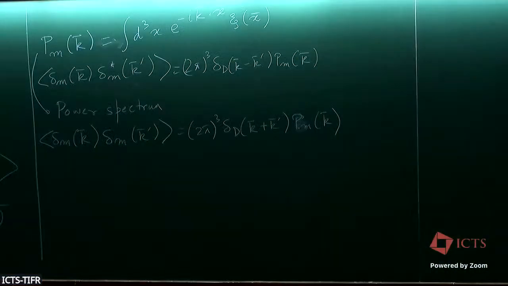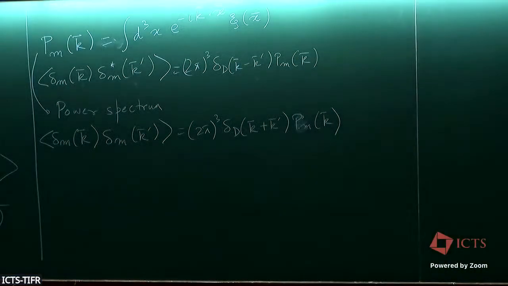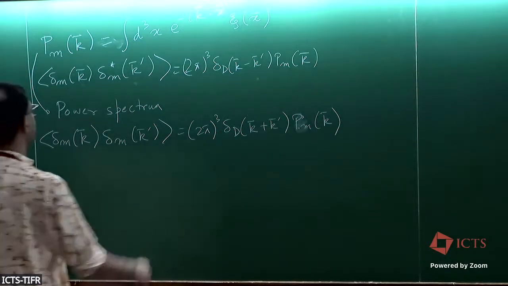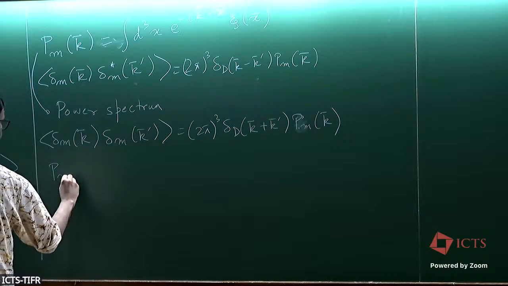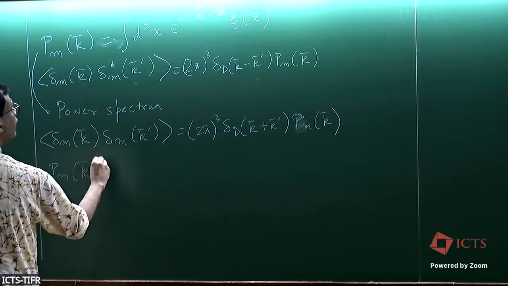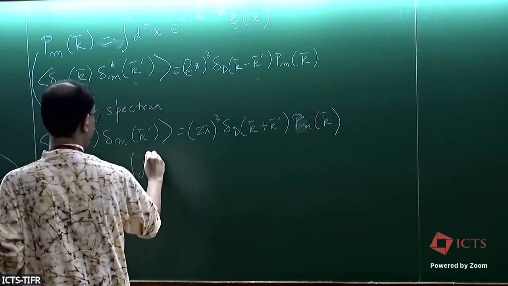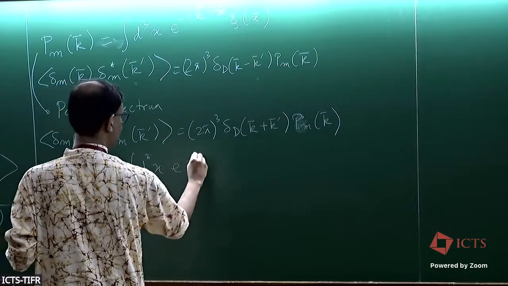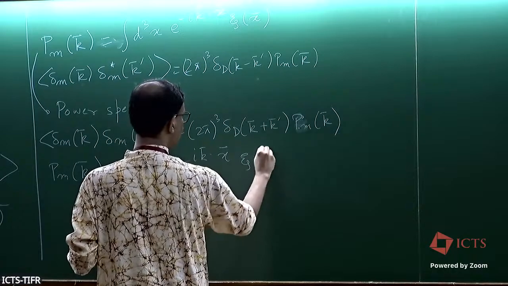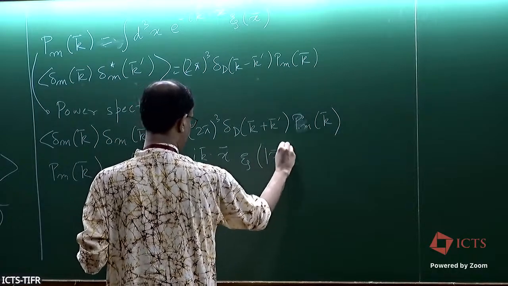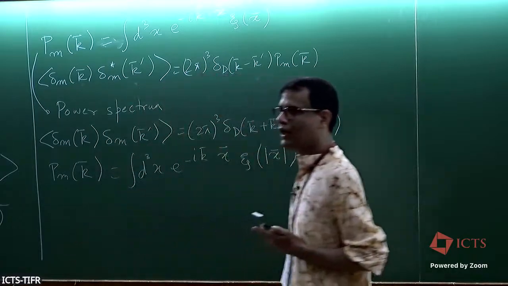Now, of course, we can take one step forward. Suppose I write this P of k as d cube x e to the minus i k dot x, but psi is also a function of just mod of x. Now I am putting in isotropy.